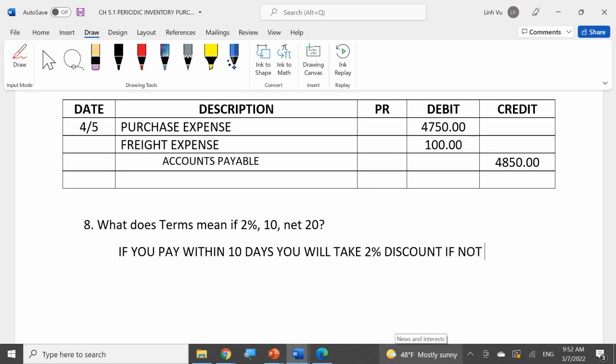If not, you will have to pay in full within 20 days. Good. All right.